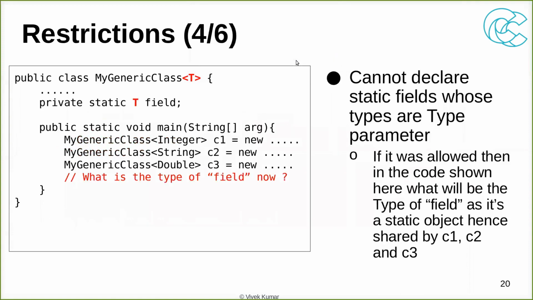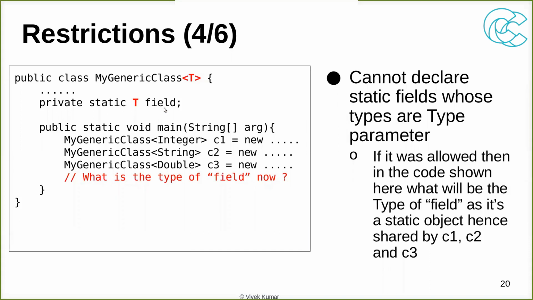Okay, sir. So the next restriction is that you cannot have a static field which has the type T. Again, you have this MyGeneric class. It has a type parameter which is T, and you cannot have a static field of type T, because the idea of static fields is that it's common to every instance, right?